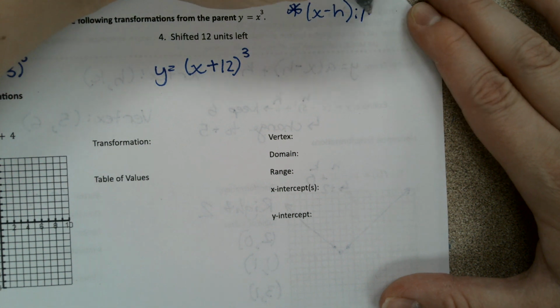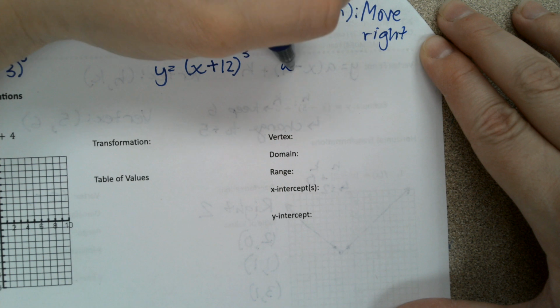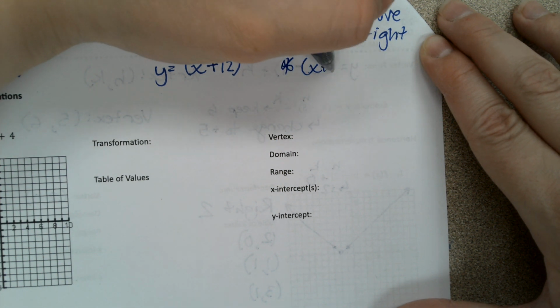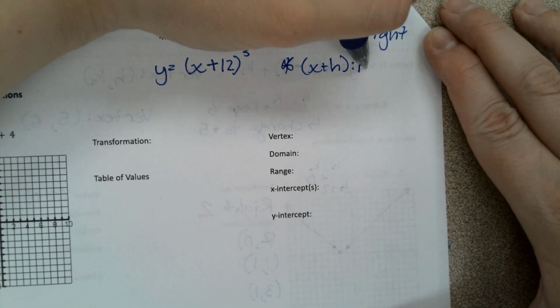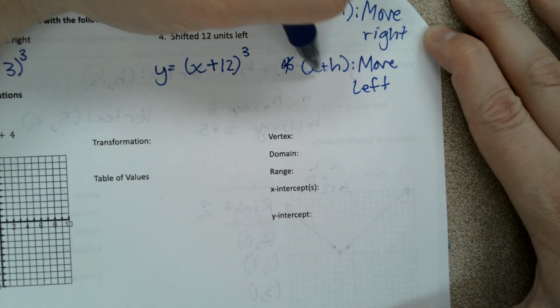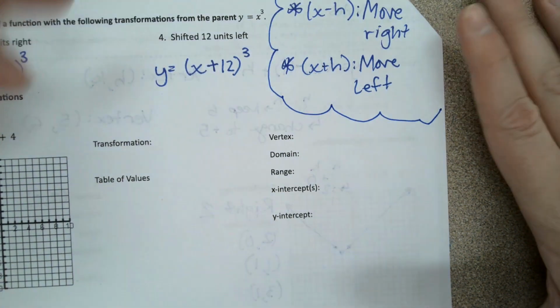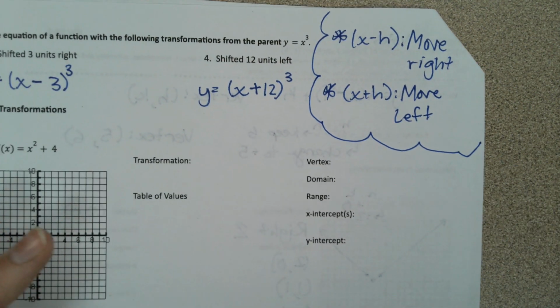We're going to move right, a positive movement. If we have x plus h, we move left. Because again, mentally, this plus becomes a minus, and left is a negative movement. So this is kind of like your little shortcut here to remember how this works.